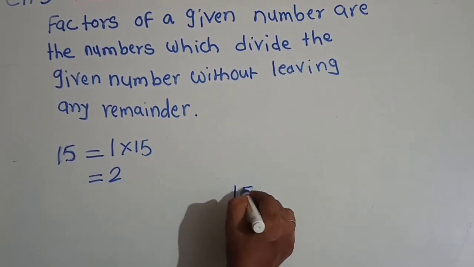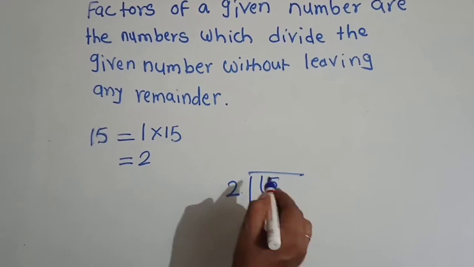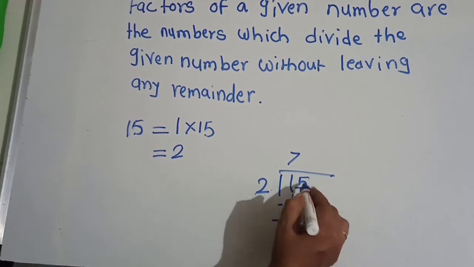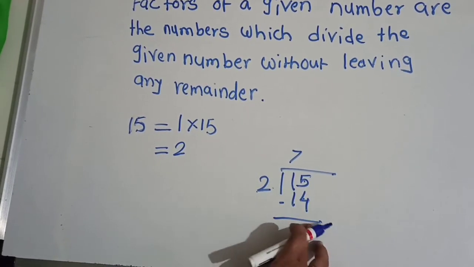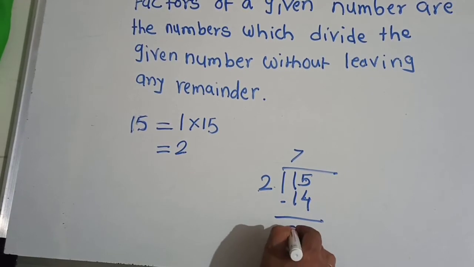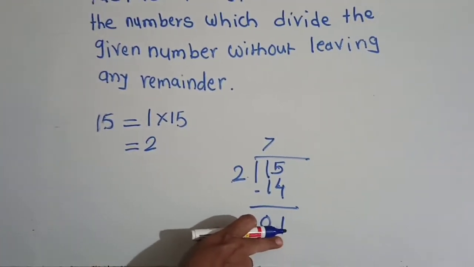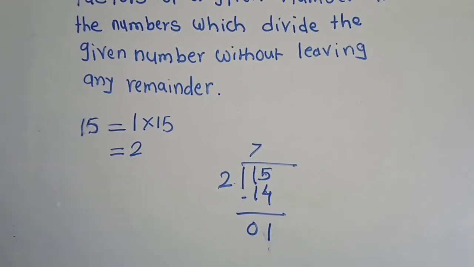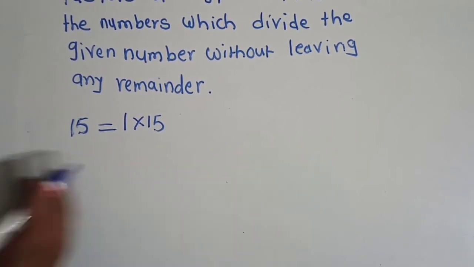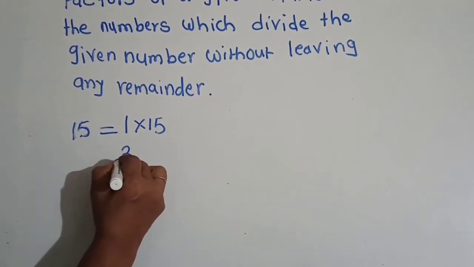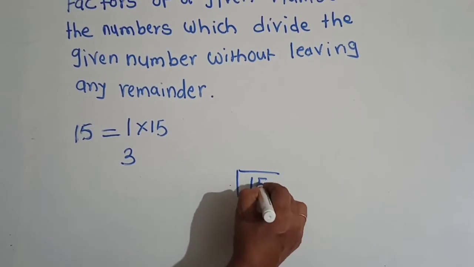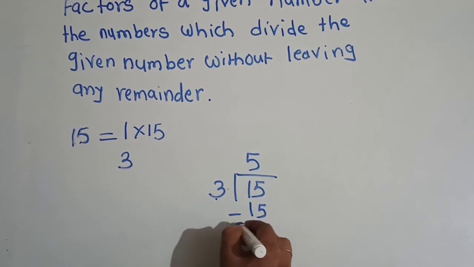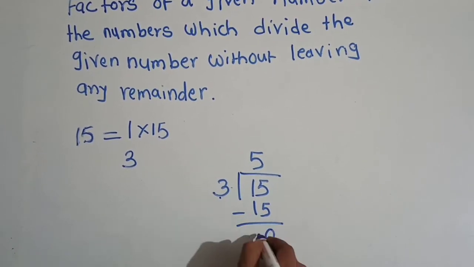When 15 is divided by 2, you know 2 sevens are 14. Okay children, 5 minus 4 is 1, 1 minus 1 is 0. See here, remainder is 1. So 2 is not a factor of 15, so don't take 2. Okay, now after 2, 3. Now 15 divided by 3. So 3 fives are 15. Here remainder 5 minus 5 is 0, 1 minus 1 is 0.